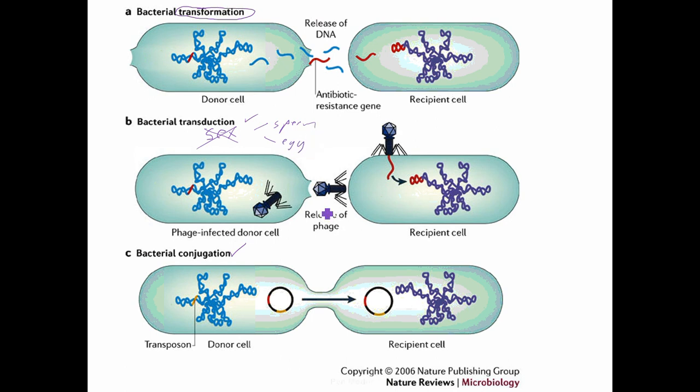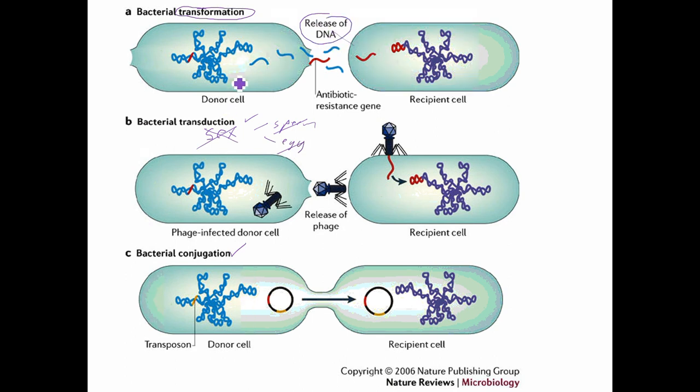So they more or less divide by a process that's very similar to mitosis. It's not exactly the same as mitosis, but they don't have sex. But one of the things that can happen is bacteria, even bacteria from different species, can actually pick up, they can acquire DNA from the environment.